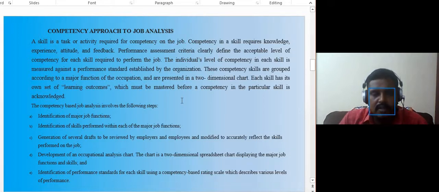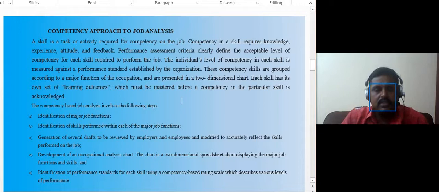The first is identification of major job functions, and the second is identification of skills performed within each of the major job functions. Then the generation of several drafts to be reviewed by employer and employees and modified to accurately reflect the skills performed on the job, and the development of an occupational analysis chart.